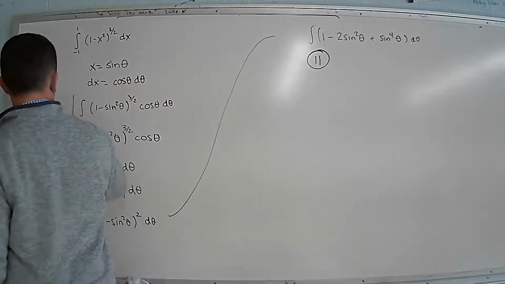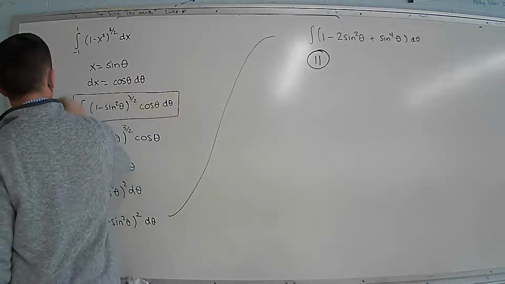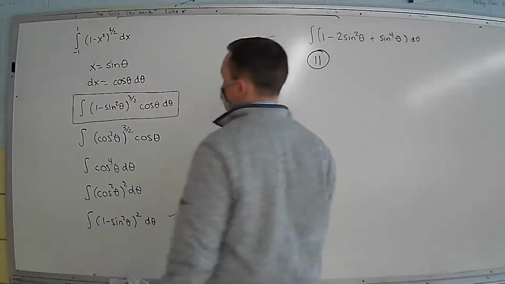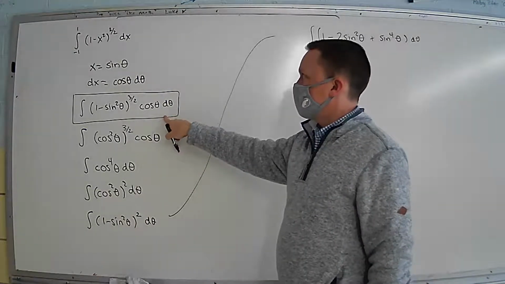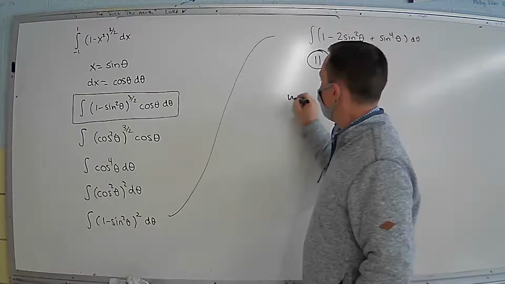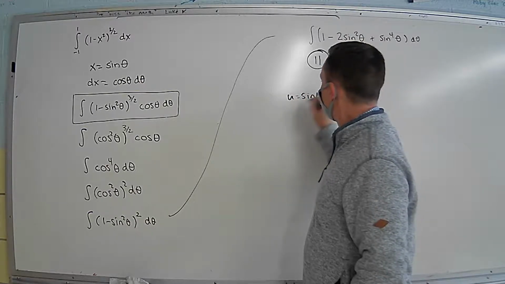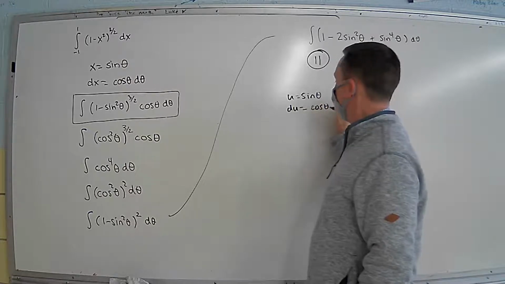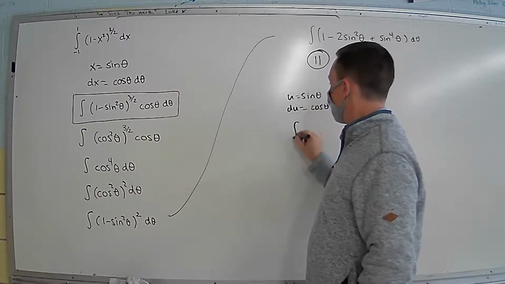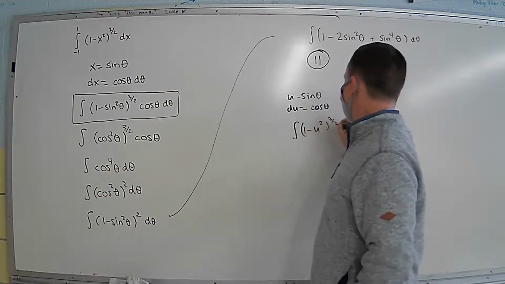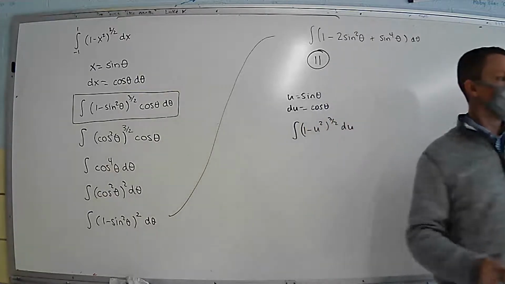Becca wants to go back here, right? And she's saying, what if I do that as a u sub? You're going to end up getting u equals sine theta. Du is cosine theta, right? So what are you left with? 1 minus u squared to the 3 halves du. Right?